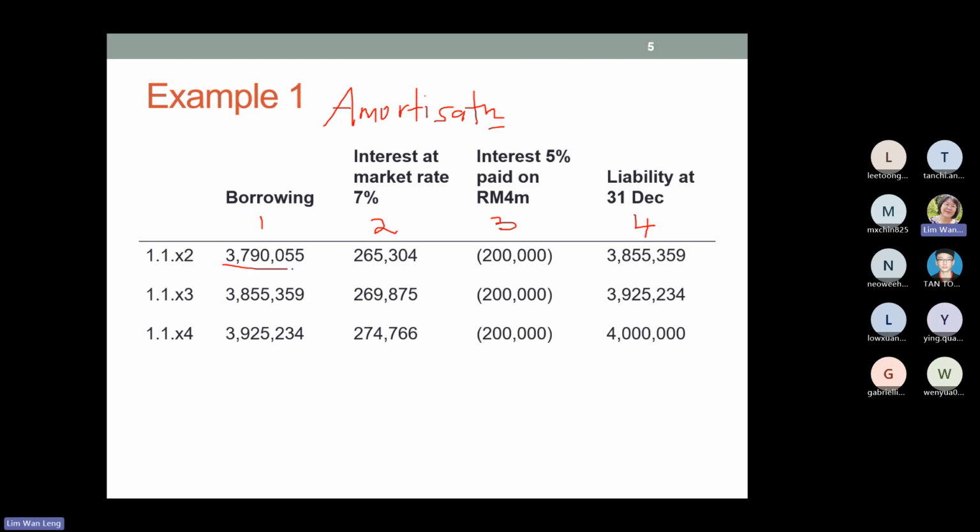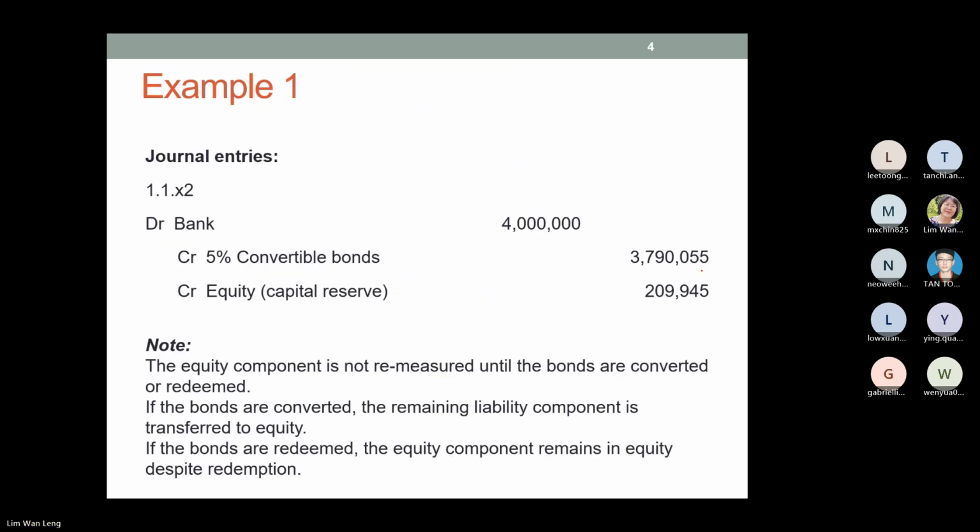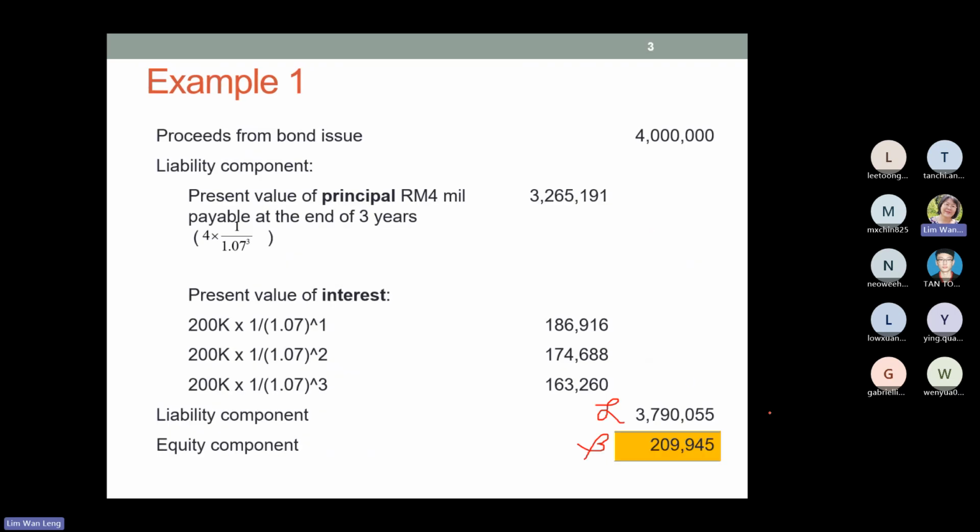This particular figure is the initial financial liability component. You have gotten this from your split accounting, 3,790,055. And where do you get that figure? It's from here, the liability component in the compound instrument.